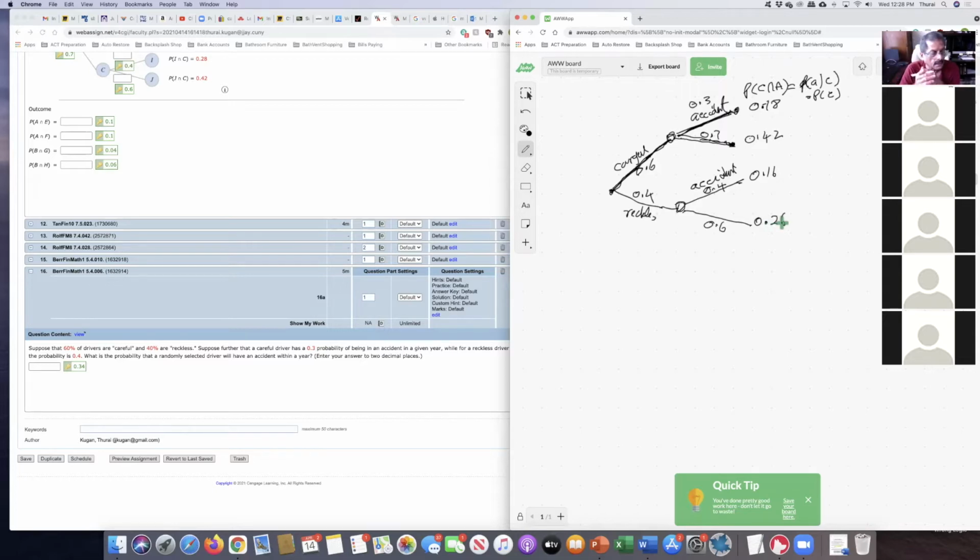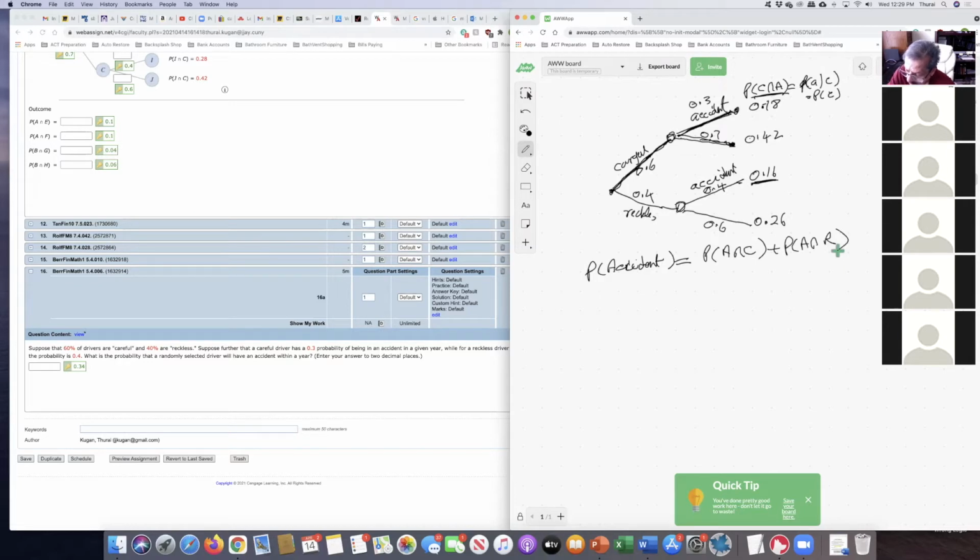Now let's go to the question. What is the probability that a randomly selected driver will have an accident within a year? That means the probability to have an accident. Here we found the probability for accident given careful driver, and here the probability for accident given reckless driver. So the probability for accident equals the probability for accident intersection careful driver plus the probability for accident intersection reckless driver.